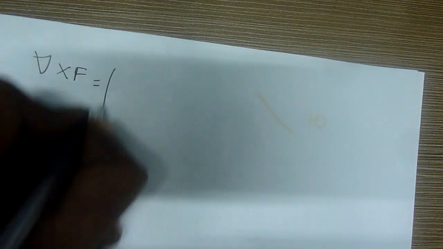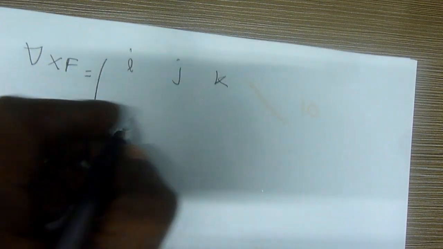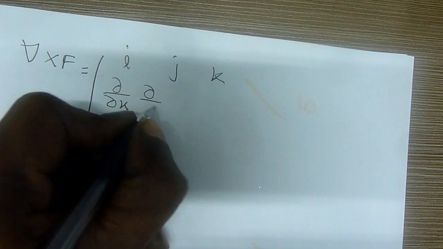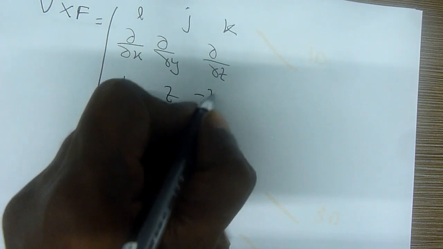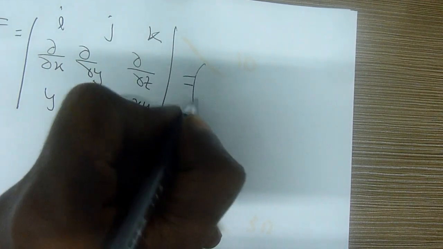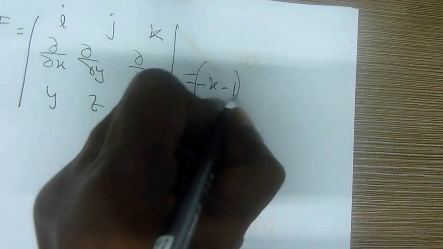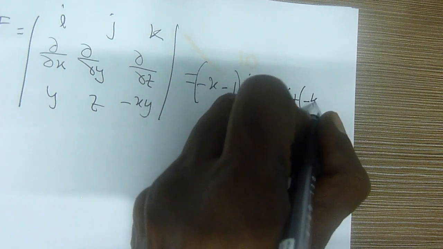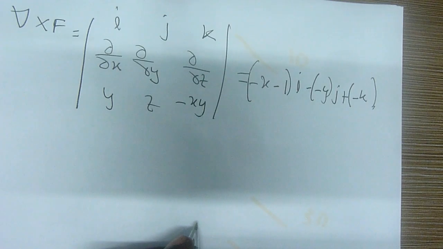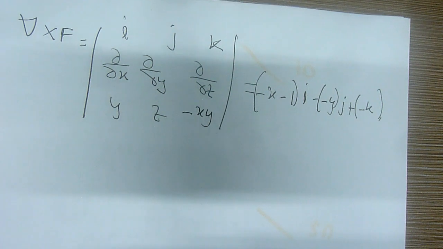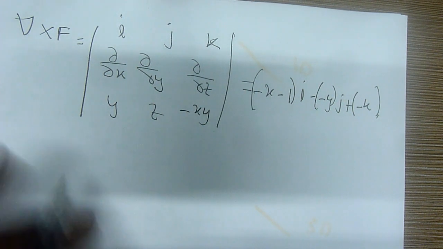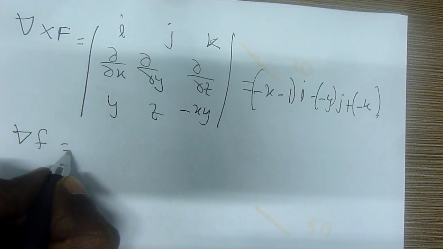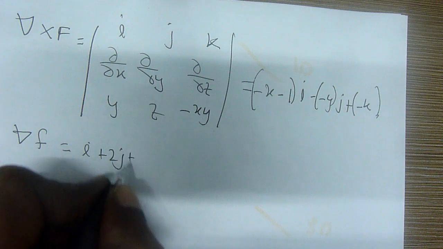When I start using del cross F, it's i j k, d/dx d/dy d/dz, yz, negative xy, which will give me negative x minus 1 i, negative y j, plus negative k. Then del F is i plus 2j plus k.